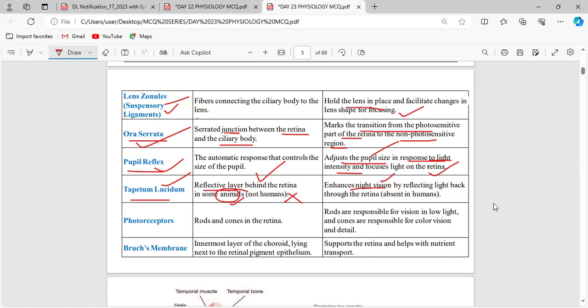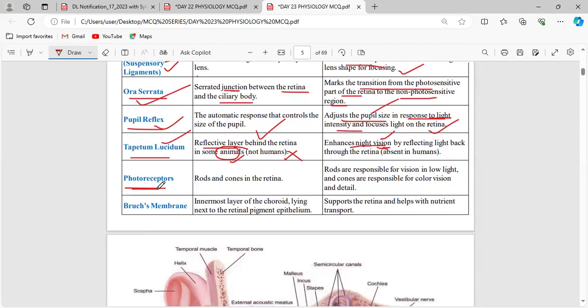Humans are not basically nocturnal animals. We are diurnal, right? So there is no point in humans having this tapetum lucidum. Even when it is dark, some animals can have great vision only because of this tapetum lucidum.